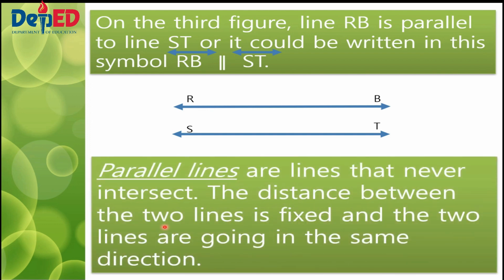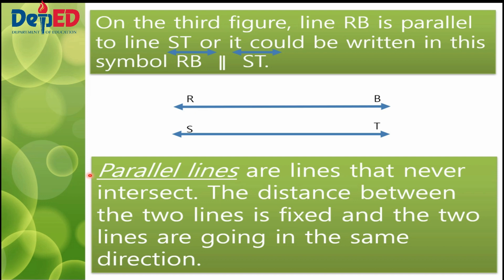On the third figure, line RB is parallel to line SE, or it could be written in this symbol. Line RB is parallel to line SE. Parallel lines are lines that never intersect.